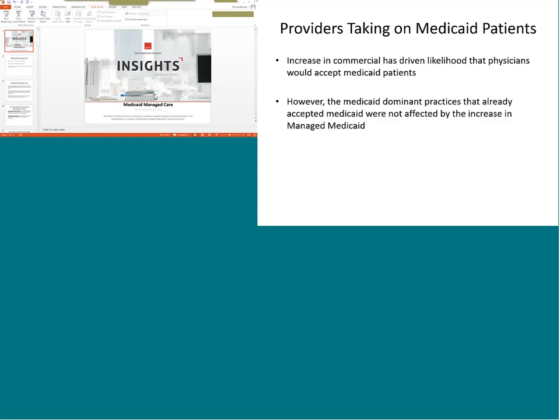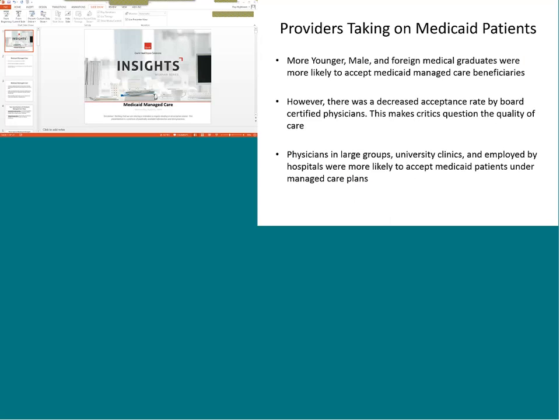In the Medicaid dominant practices, those 75 to 100% that have already accepted Medicaid, they weren't really affected by managed Medicaid, and therefore it really had no effect on their statistics.